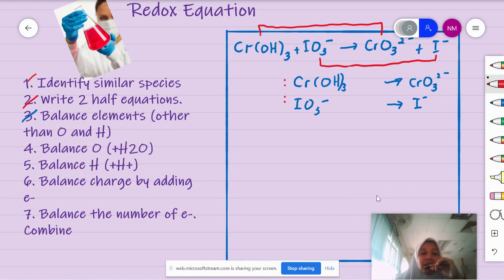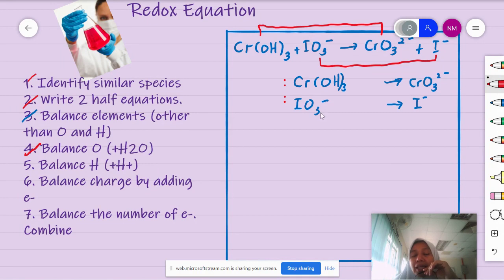Step 4 says you need to balance the oxygen by adding H2O. How many oxygen in the first one? We have 3. On the other side, we also have 3. Therefore, balanced. No need to do anything.